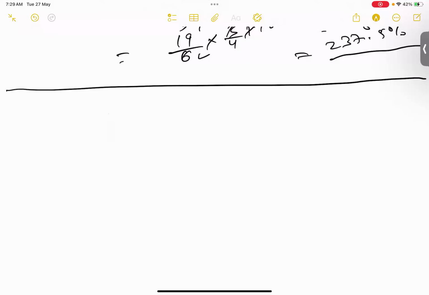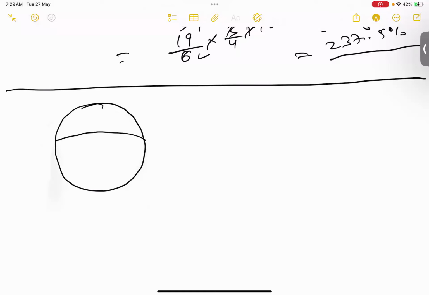So we have the question says that if the radius is increased by 50%, now what is the percentage change in the volume and the surface area? Now we have a sphere, okay?